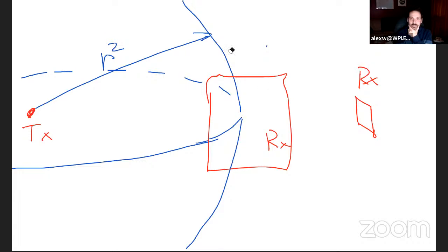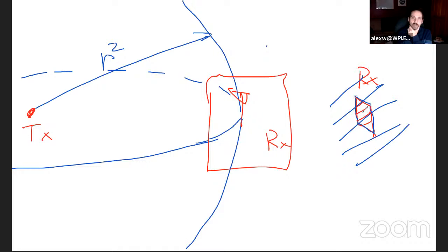So let's say it's some sort of antenna, so it has some sort of surface area. It's collecting. So let's say that's the energy on the sphere's surface. It's collecting only that much.